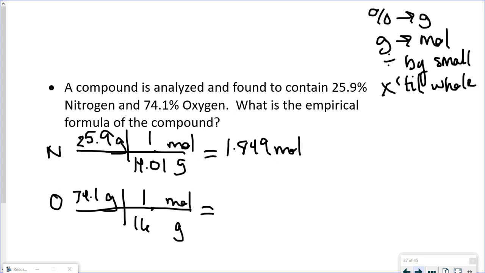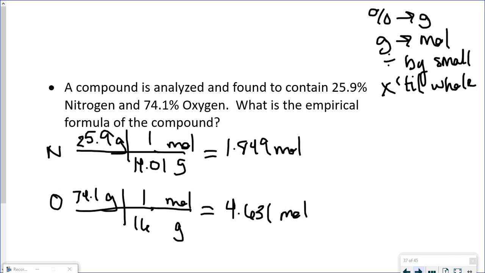For oxygen, 74.1 divided by 16 is 4.631 moles. That was the second step, grams to mole for both substances.